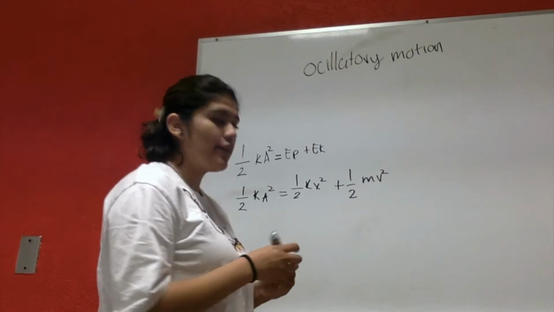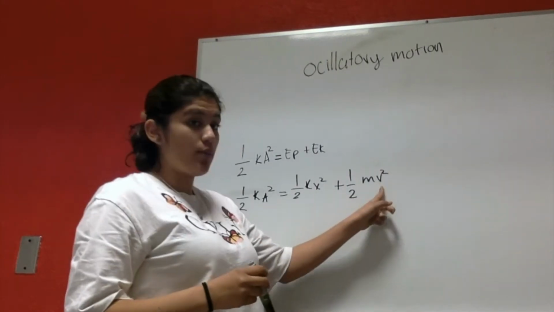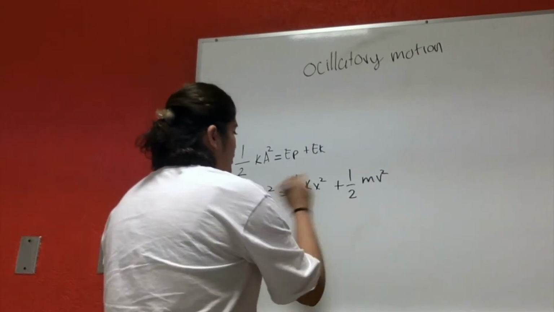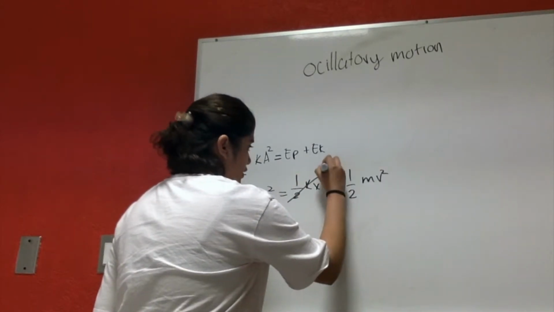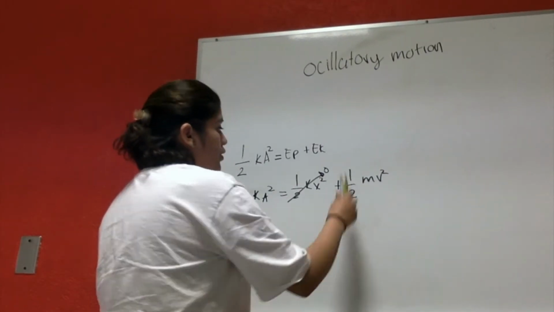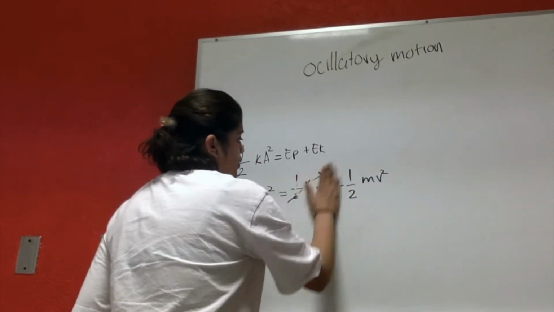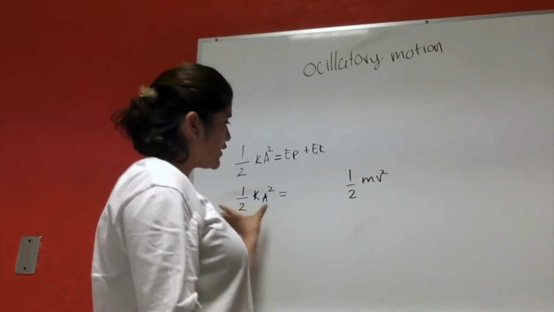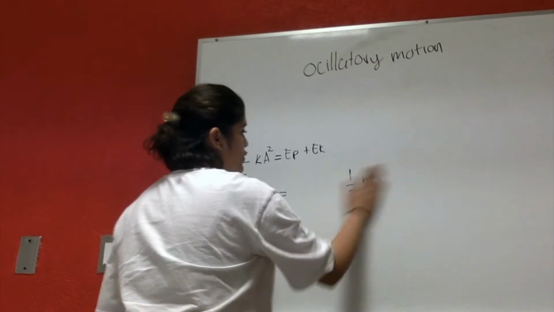But in this case, velocity is going to be a maximum, and when velocity is a maximum, x is equal to 0. So automatically this term disappears because it's equal to 0. And at the end, you're only going to have these two parts of the equation.